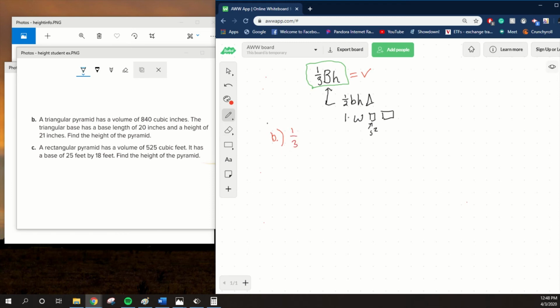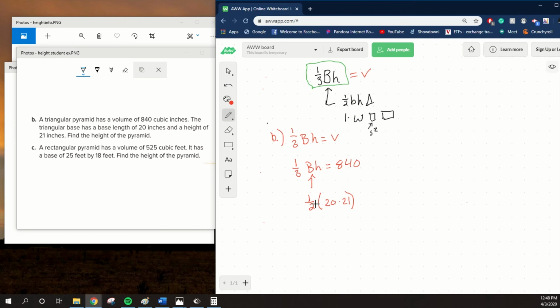We know 1/3 times base times height is equal to volume. So I know 1/3 times the base times the height is equal to 840 cubic inches. Okay, I know the base. To get the base, I'm going to have to do 1/2 times 20 times 21.